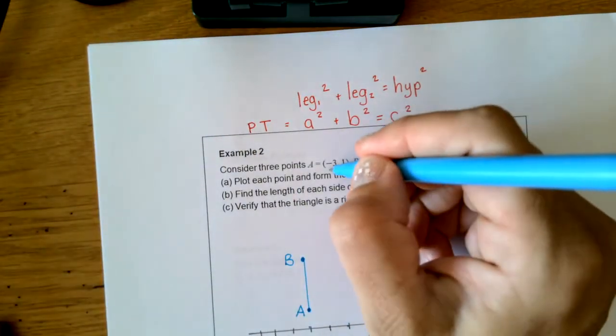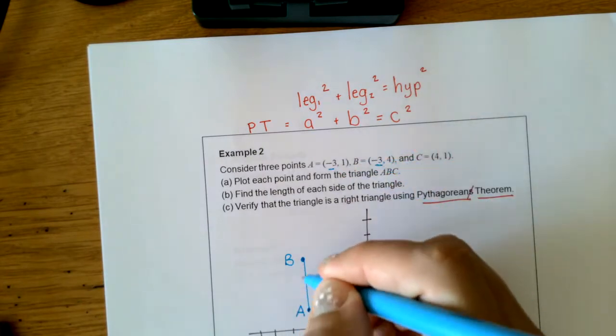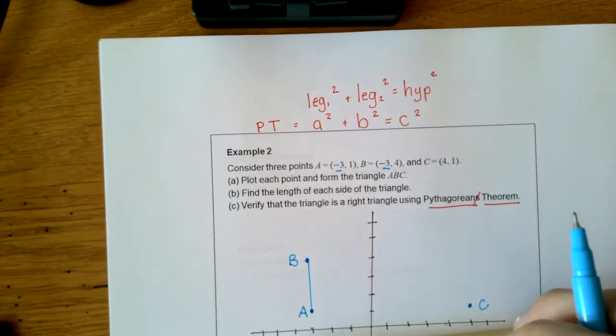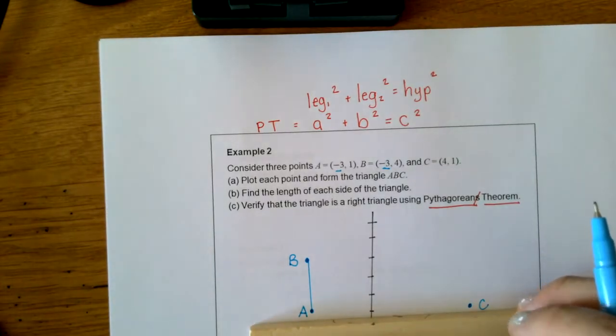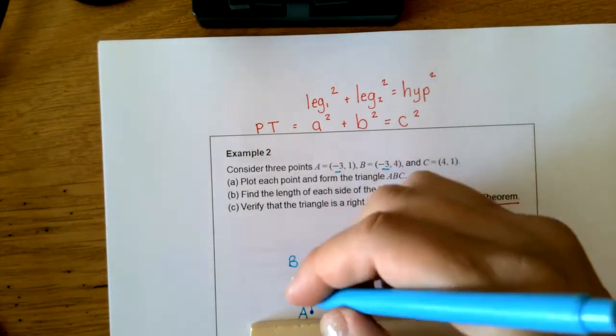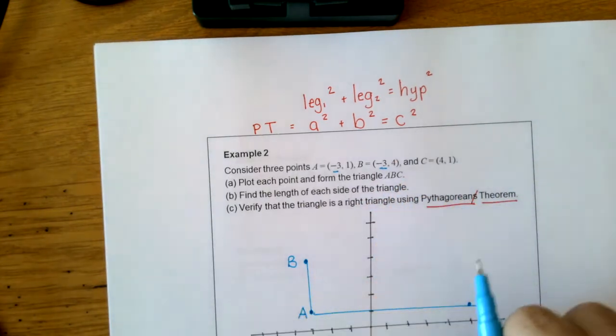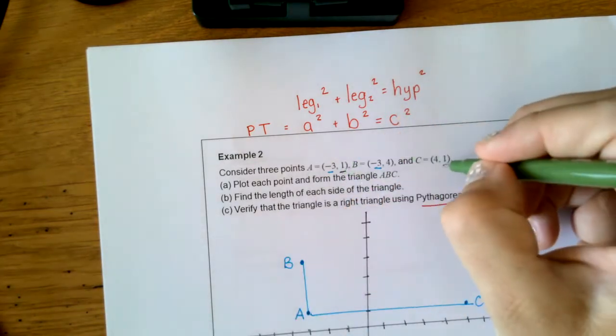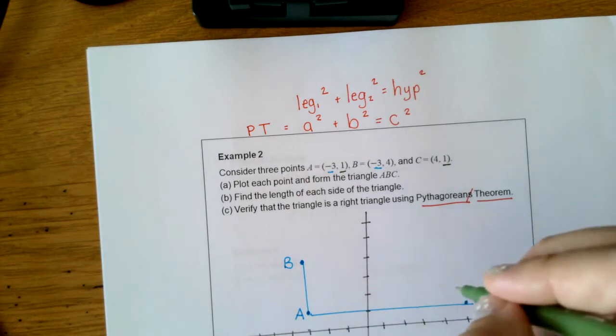Because A and B both have -3 as their x, I know that this is a vertical line. Because A and C both have 1 as their y, I know this is a horizontal line.